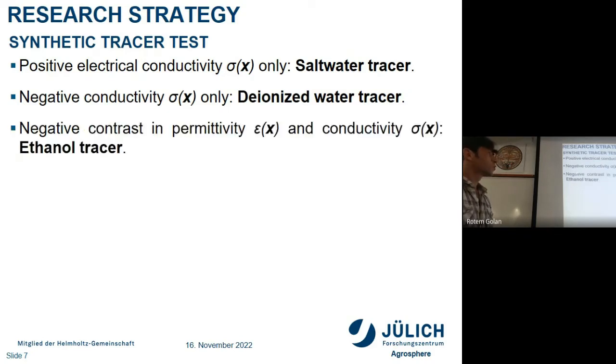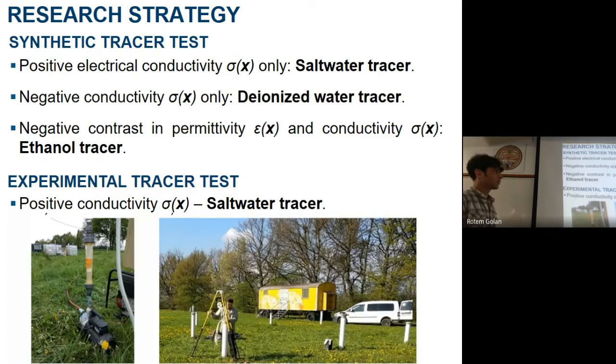And also we wanted to test liquids that affect the permittivity, and we used an ethanol tracer, whose permittivity is lower than that of the groundwater, and it also changes the conductivity, and that's a tracer that we'll test synthetically. And if we're happy with the synthetic results, we tested it in an experimental field tracer test where we used saltwater tracer.